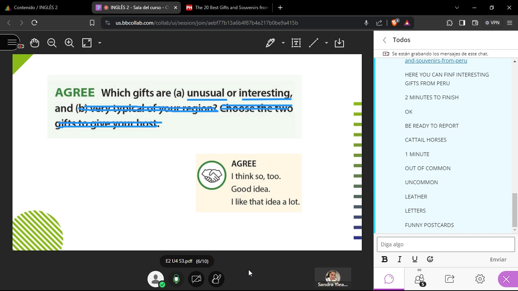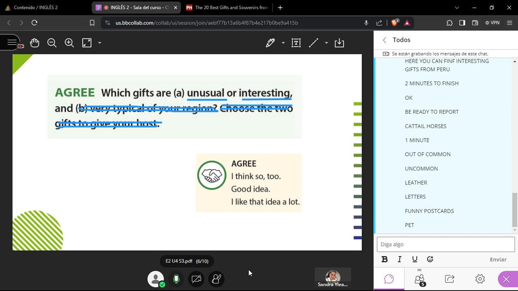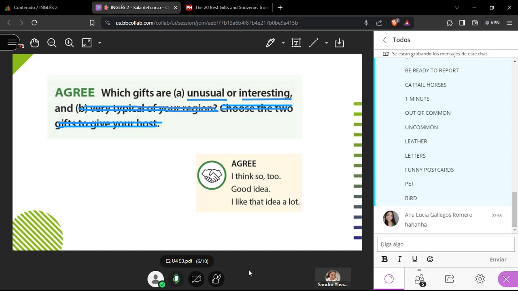An animal, a pet? Like a pet? For example, what kind of animal? A bird. An alligator. Oh my god. Can they be transported?